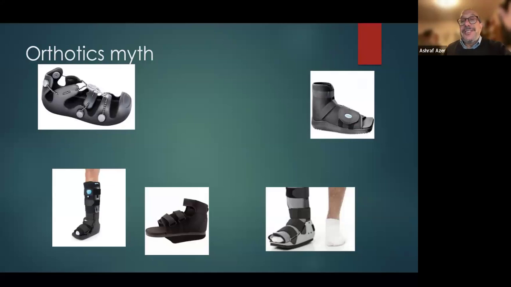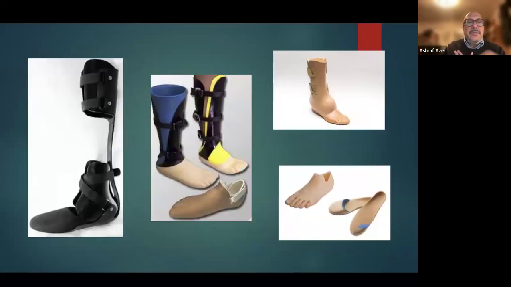So what sort of orthotic? It depends, there are so many orthotics. The aim here is to correct the deformity, provide a painless gait, and consider the biomechanics of the diseased limb and the contralateral limb. Okay? What do we have here?